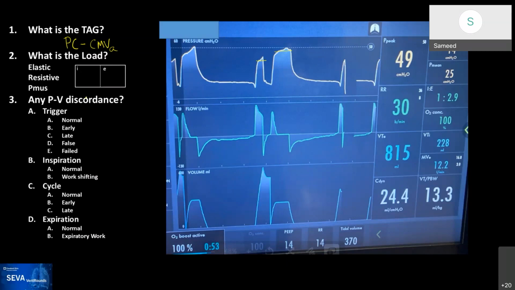I would say inspiratory load is still resistive. The peak inspiratory flow is fairly high, so I would call the inspiratory load resistive. From a time constant standpoint, the expiration seems fairly prolonged. I think there is an expiratory resistive load as well.